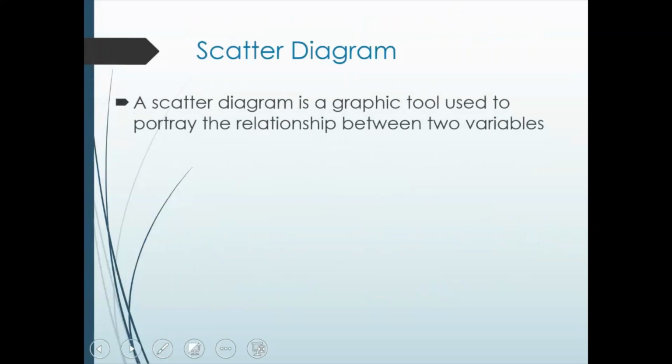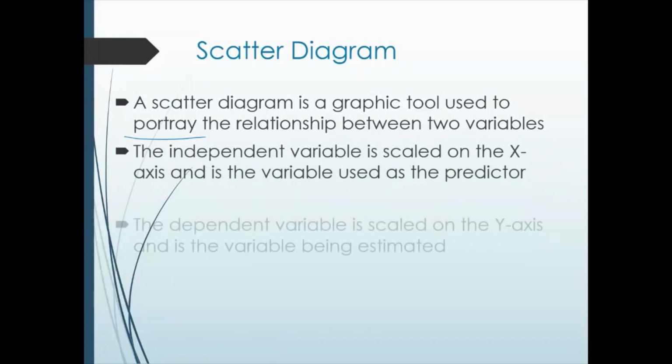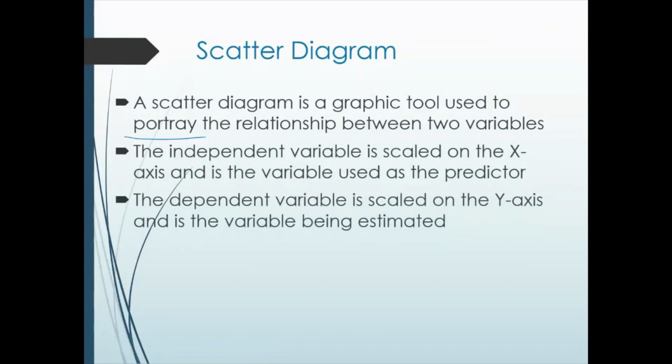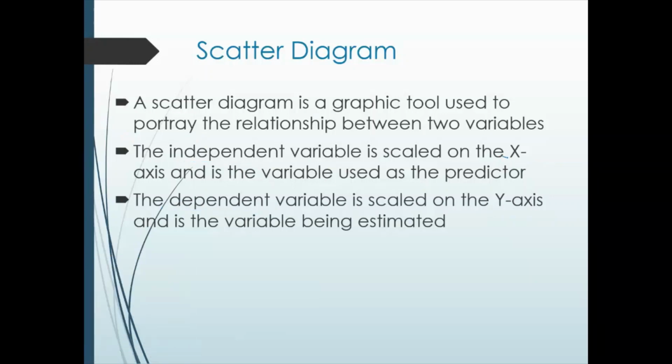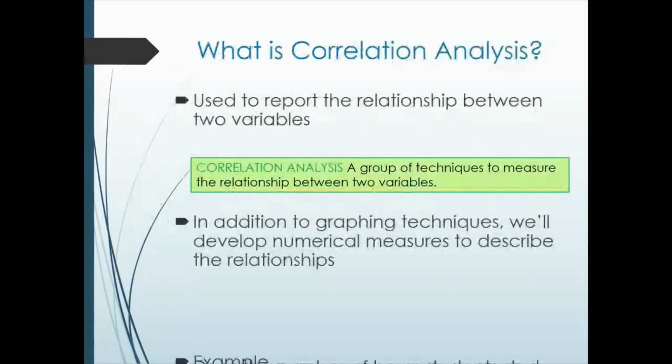Now, the scatter diagram, as I mentioned, is a graphical tool that portrays the relationship between x and y, where x is your independent variable and the y-axis is your dependent variable. So what happened first, the chicken or the egg? First, you will have x, the one variable that you cannot control, and according to x, you're calculating y.